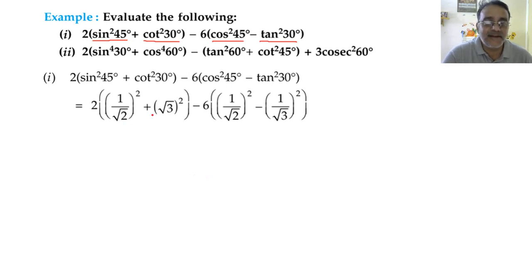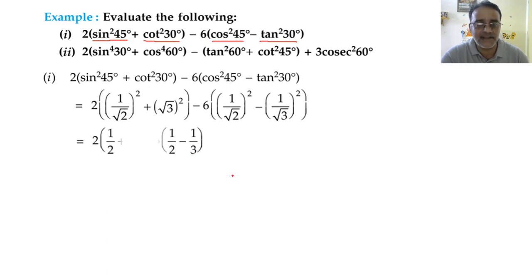So now we are going to substitute the value. Sin 45 is 1 by root 2, cot 30 is root 3, cos 45 is 1 by root 2 and tan 30 is 1 by root 3. After squaring, this step will come: 1 by 2 plus 3, and here 1 by 2 minus 1 by 3. Now we have to take LCM. So what will you get here? 7 by 2.